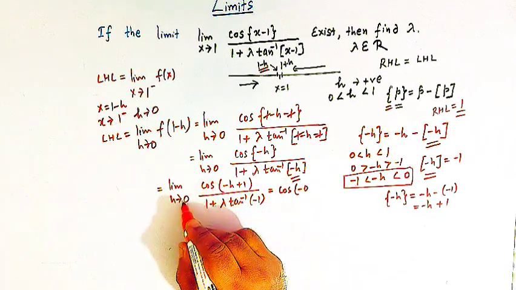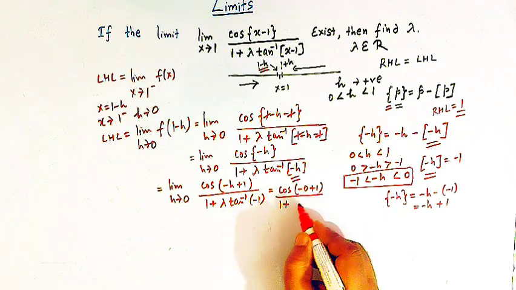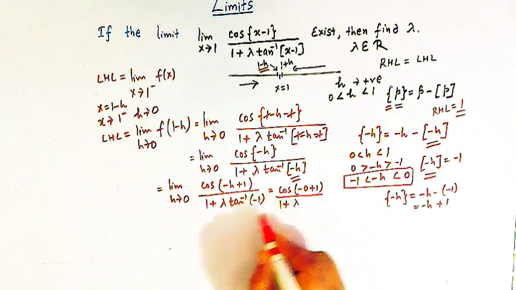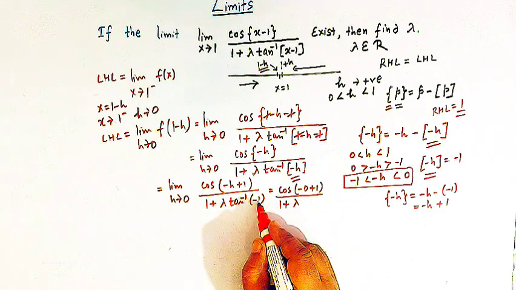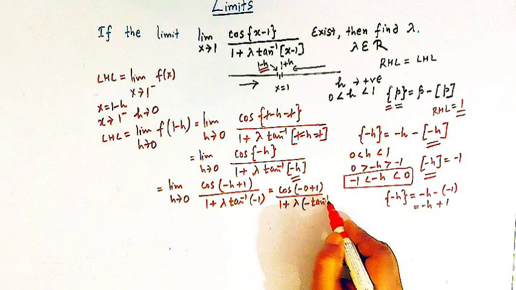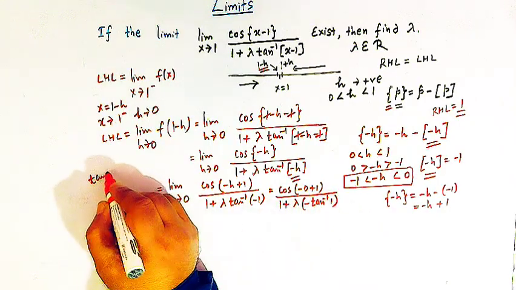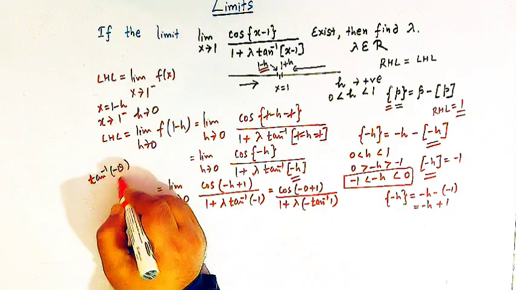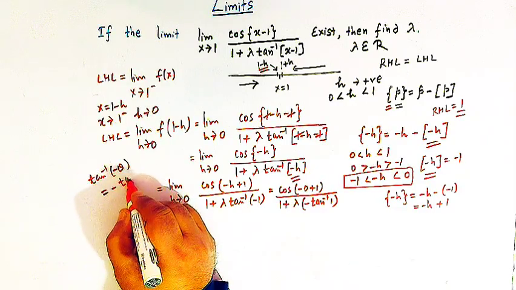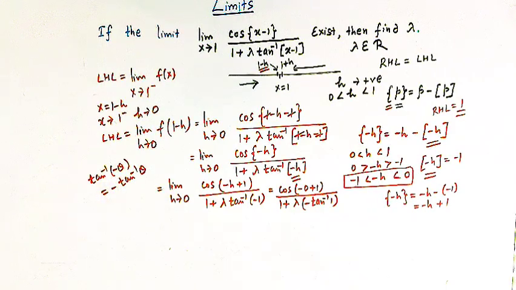We can take h is equal to 0, and here we have 1, and we have 1 plus lambda times tan inverse of minus 1, which can also be written as minus tan inverse of 1, right? Utilizing the result, that is tan inverse of minus theta is minus tan inverse theta from inverse trigonometric functions.